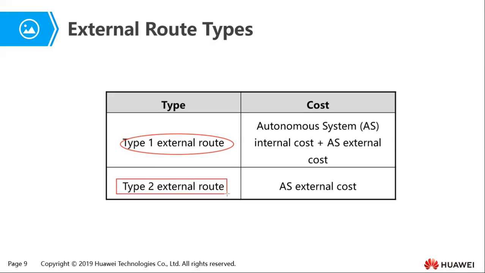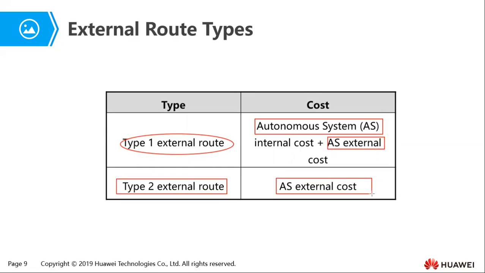The difference is that type 1 external routes consider the distance within the autonomous system, and also the distance from the ASBR to the external network. So it adds both of them for type 1. But for type 2, it only considers the autonomous system external cost.